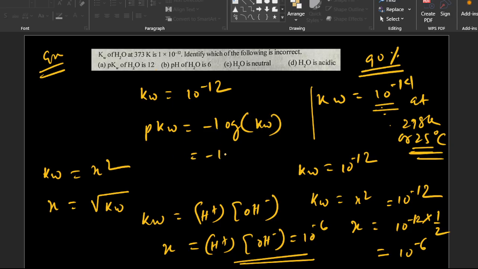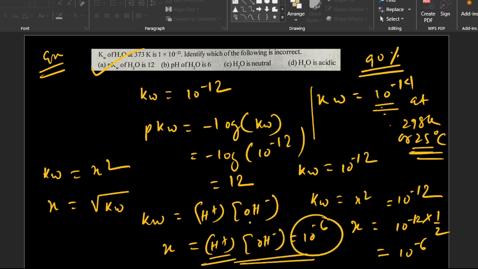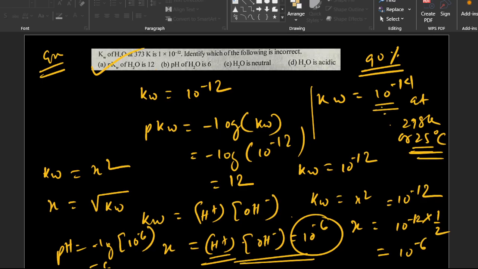So that is minus log 10 raised to minus 12, which comes to be 12. So this option is correct. And pH of water: pH means we are calculating the H plus concentration. Here the H plus concentration is 10 raised to minus 6. So pH will be the negative logarithm of the H plus concentration, and the negative logarithm of 10 raised to minus 6 is 6. So pH equals 6. So this is also correct.